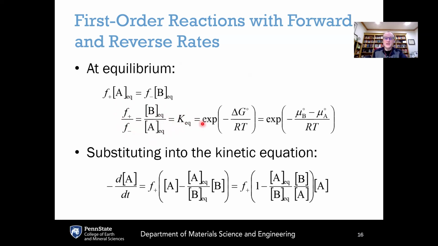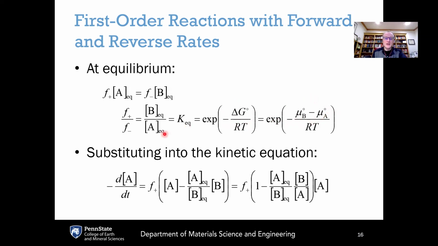And this is equal to e to the minus Gibbs free energy that is associated with this reaction over the gas constant times temperature, or in other words, e to the minus difference in chemical potential between the product and the reactant phases divided by RT.